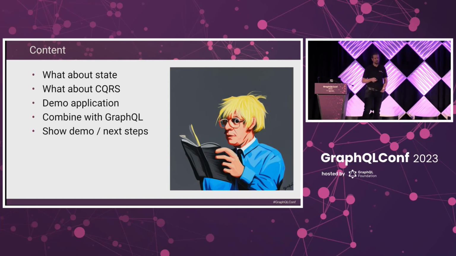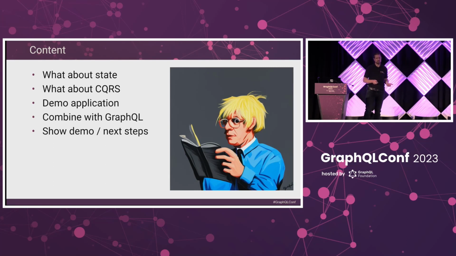So what I'm going to be talking about: a bit about how you handle state if you have a database. Then a bit about CQRS and how it's used in the demo application. The demo application will be a simple gift card app, which is something at AxonIQ we use as kind of the default demo application.